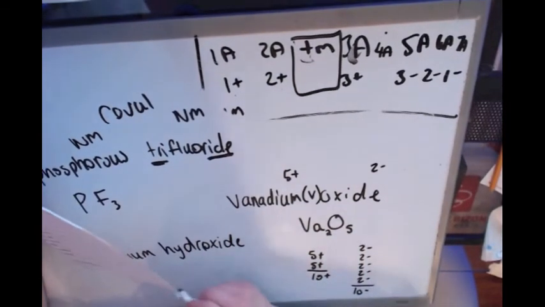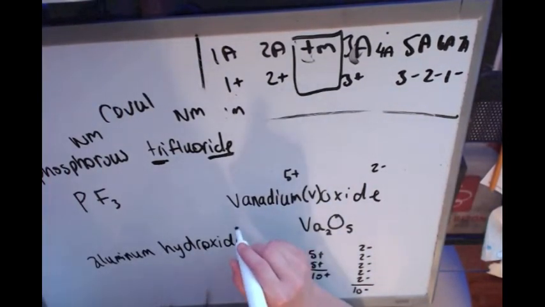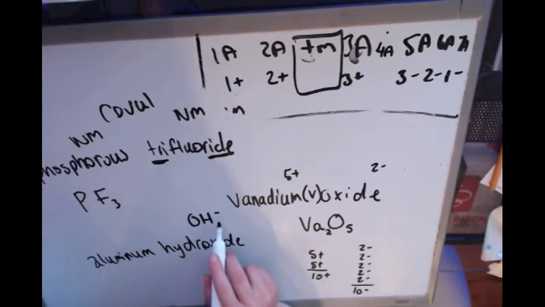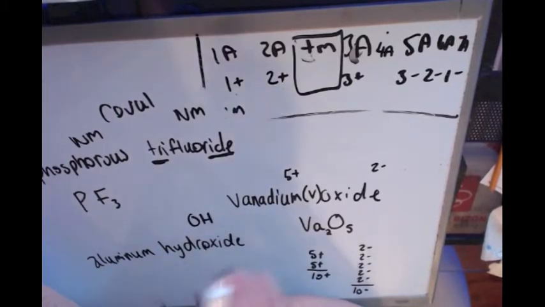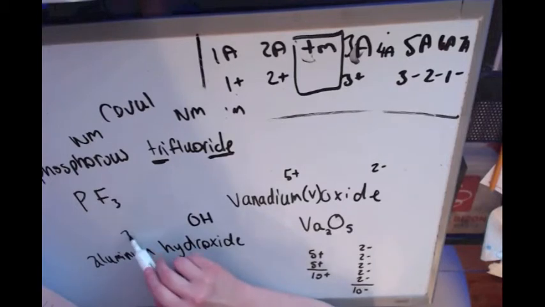Aluminum hydroxide. Hydroxide is another polyatomic anion you have to know. It's this, OH minus. See the 1 minus sign? There's only one of them, right? Or I'm sorry, there's no charge written here. Aluminum is in the 3A column, and so you know it has a charge of 3 plus.